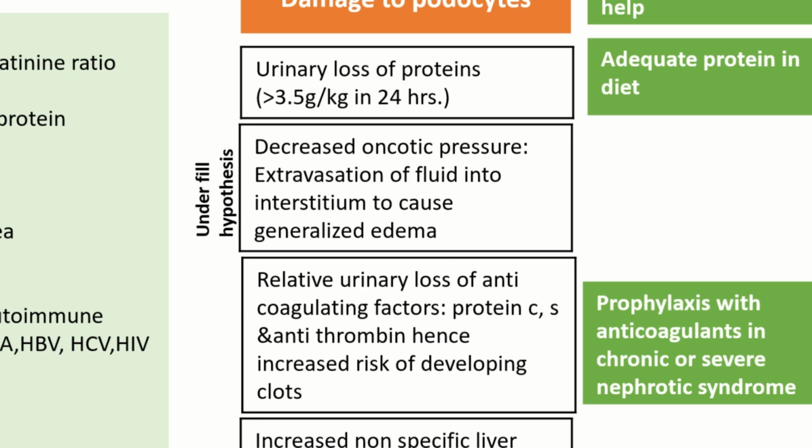Because of this loss of proteins, you're going to have a decreased oncotic pressure. Oncotic pressure is the pressure exerted by proteins, majorly albumin, in the blood vessels, which is supposed to prevent the extravasation of fluid from the blood; it pulls the fluid within the blood vessels.